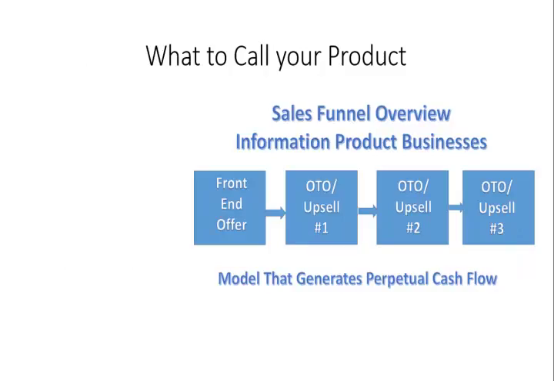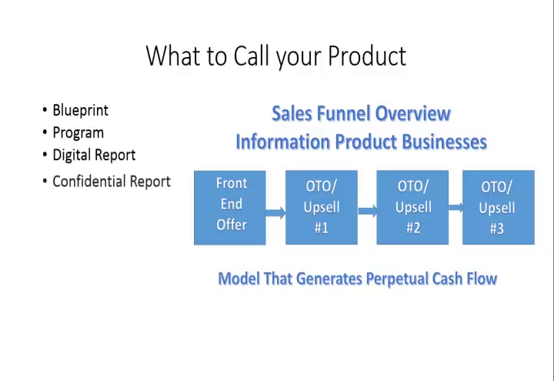So now, what are you going to call your product? One of the things to think about is that the way you name the product, or what you actually call it, matters to the customer. Right? You can call your product a blueprint. Once again, don't call it an ebook. Call it a program. Consider calling it a digital report or a confidential report, a special report.